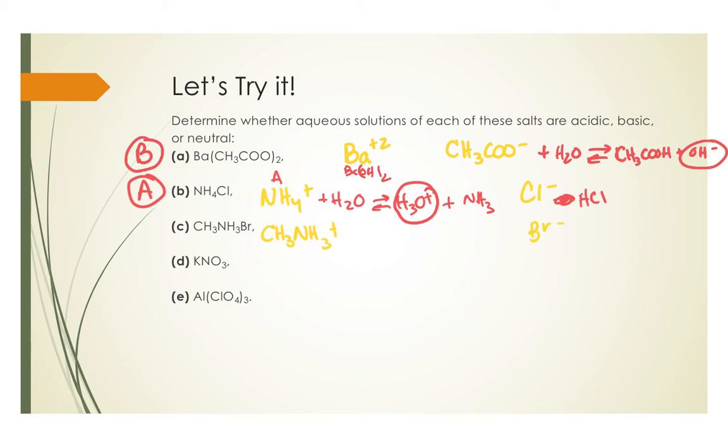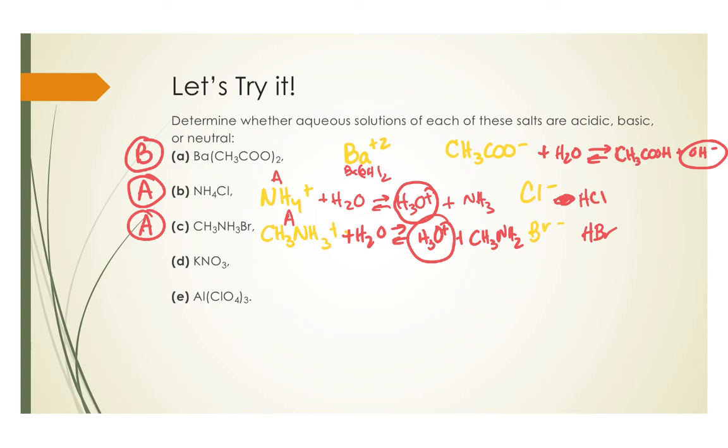And so once again, we're going to have a situation where we will react with water to form H3O plus and methylamine. Okay, so once again, H3O plus is being produced there, and so this is going to cause the solution to be more acidic. Br minus is the conjugate base of HBr, which is a strong acid. So again, there'll be no effect there. So overall, this thing is going to make it more acidic.